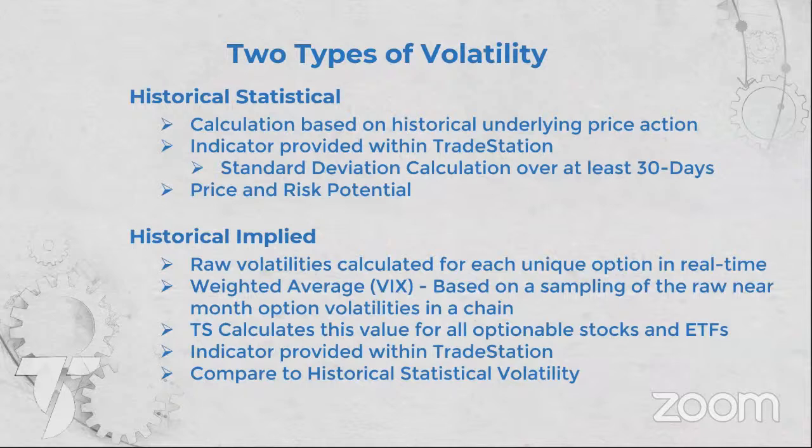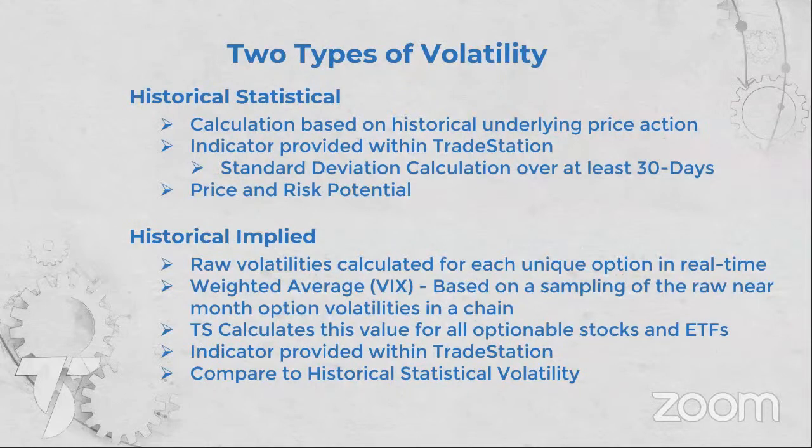The important thing to get here is that there are two types of volatility that options traders look at. First, we look at historical statistical volatility, which is based solely on the price movement of the underlying asset. That calculation uses a standard deviation method, usually looking at 30 historical daily bars to estimate an annualized price potential, or if you think about it, maybe the potential risk of the underlying asset for a specific period of time.